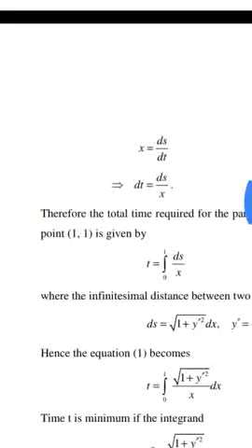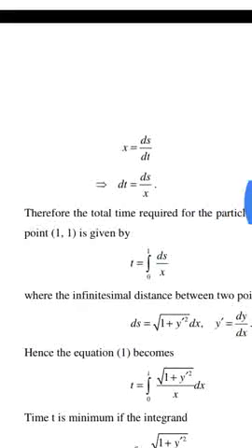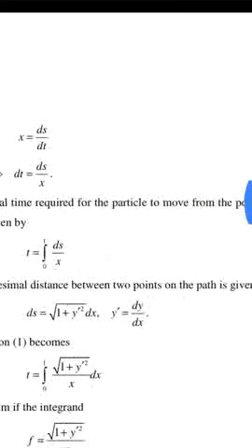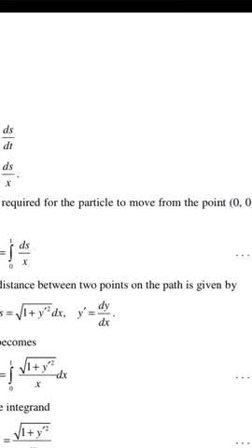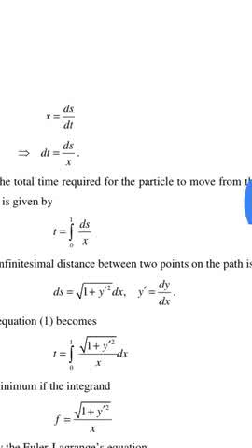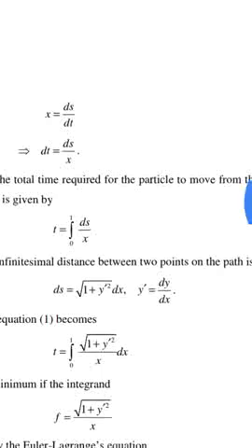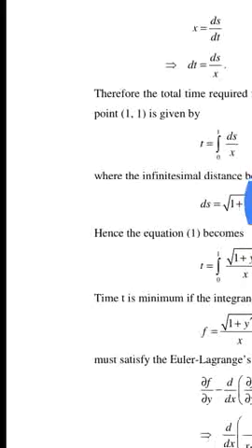Where the infinitesimal distance between two points on the path is given by the distance formula, ds is equal to square root of 1 plus y dash square dx, where y dash is equal to dy by dx.